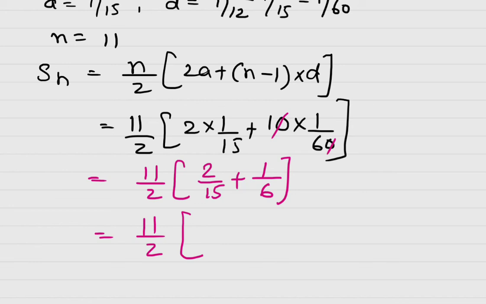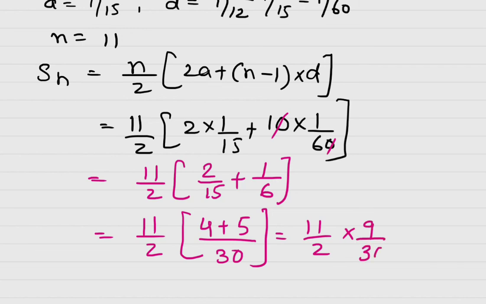So 5 and 2, 15, 30 will be your LCM. So 30. So see here 4 and here you will get 5, isn't it? So you will be left with 11 by 2 into 9 by 30. So here you can cancel, 3 tens are 30 and 3 threes are 9. So at the end you will be left with 33 by 20. So your final answer, that is sum of n terms of the given AP.